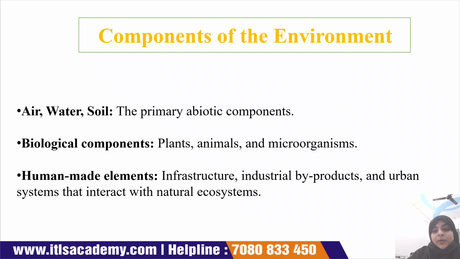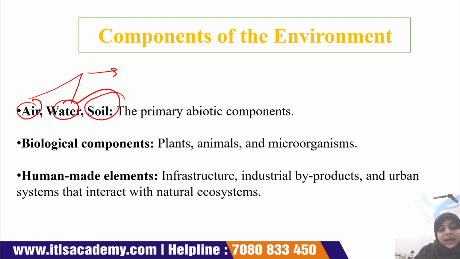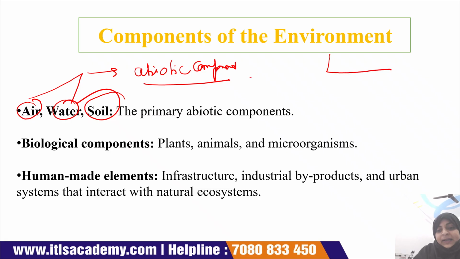Components of the environment. Okay, so the components of the environment: air, water, soil come under the category of abiotic components. The components of the environment are classified into three categories.